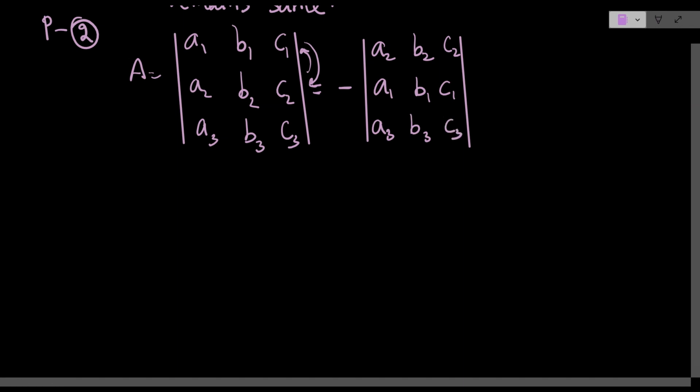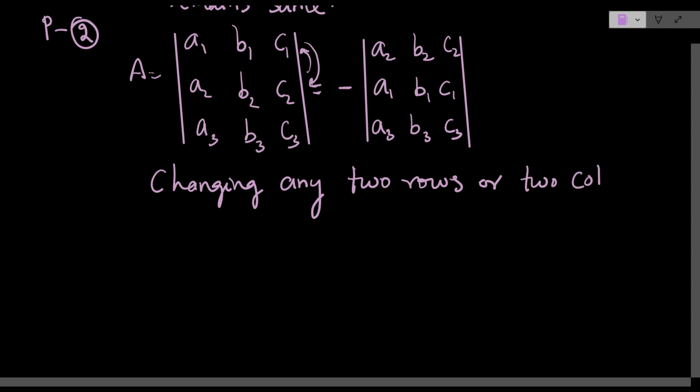Then the value of determinant changes to a negative sign. Understood students? Changing any two rows or two columns, the result will be a negative sign. Take the negative outside. This is about property 2.